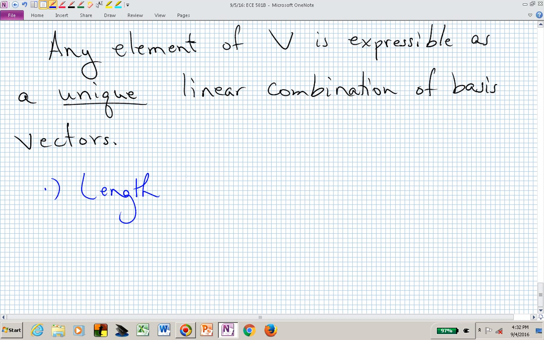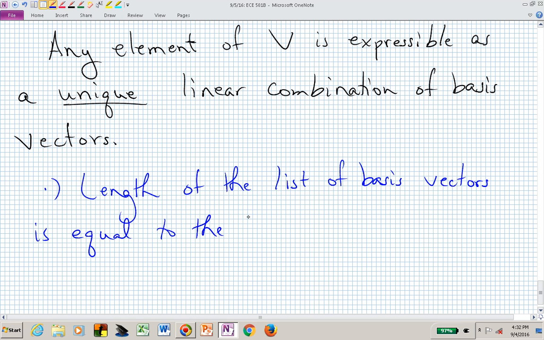Remember, the length of the list of basis vectors is equal to the length of the shortest possible spanning list.